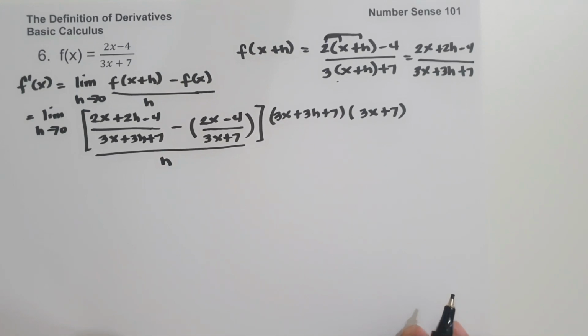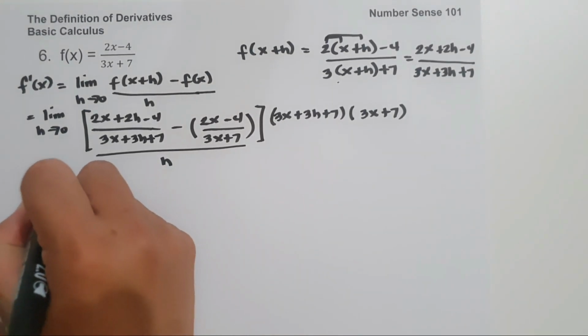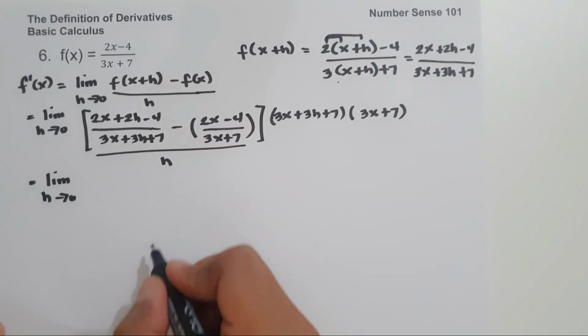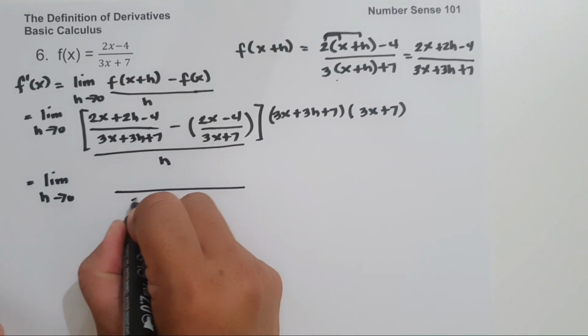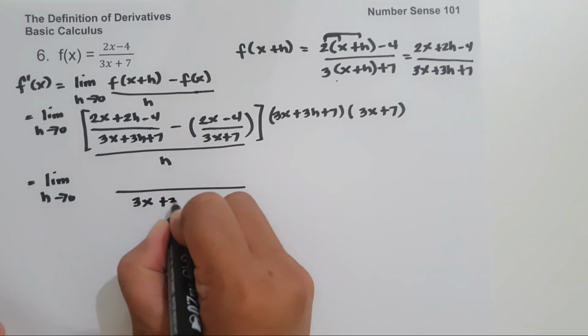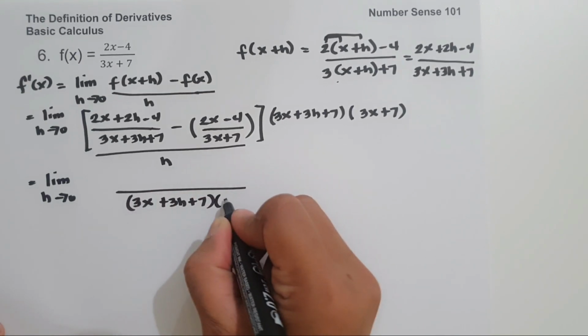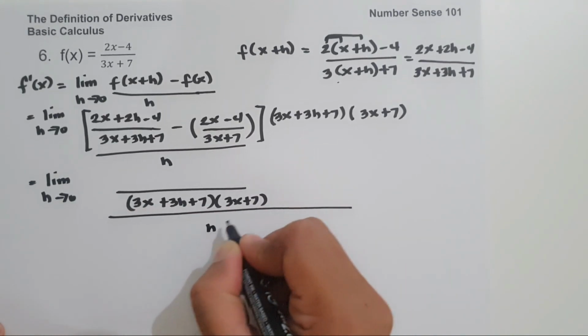So what we are going to do here is, let us have the limit as h approaches 0. Let us have the product of the denominators, that is (3x plus 3h plus 7) times (3x plus 7), all over h.